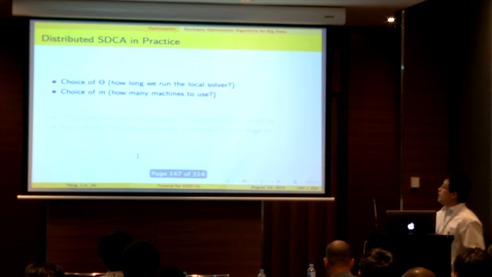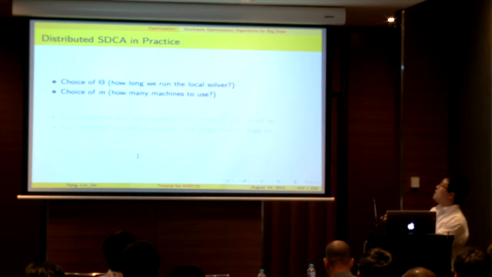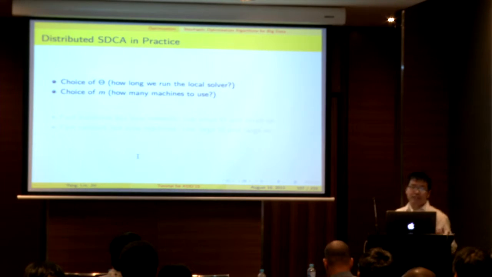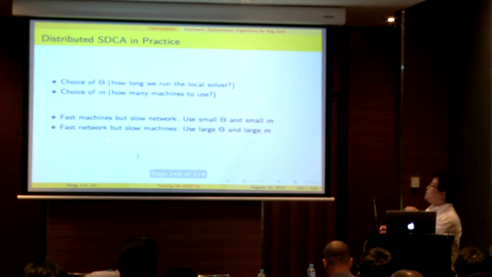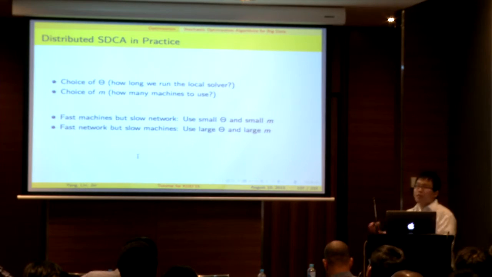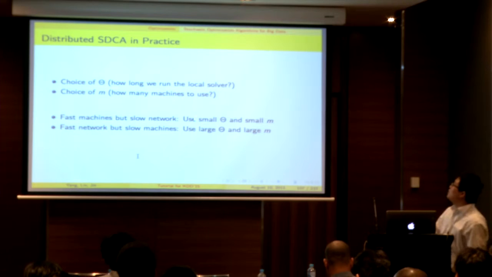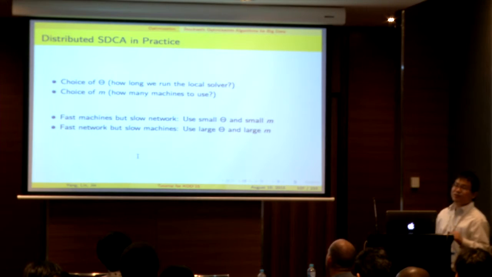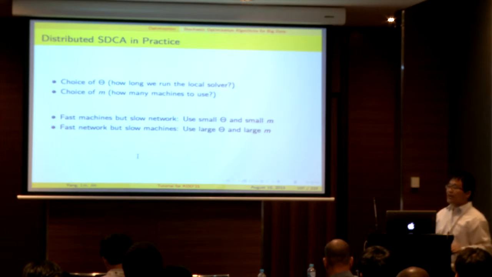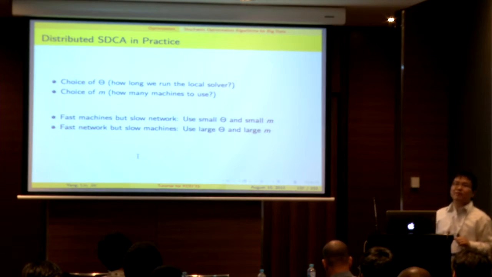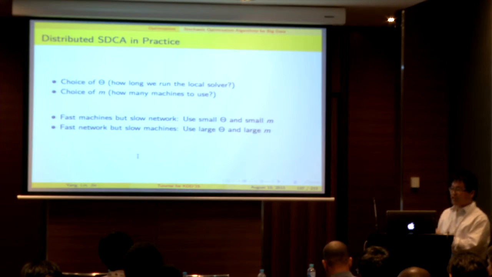So it's really up to you. Depending on the power of the machines and the clusters, you need to decide what is the best local precision and how many machines you want to use. If your machine is fast, but the network is very slow, then use a small theta, which means you want to solve the local problems to near optimal, and you want to use as few machines as possible. As long as they can store the data, you want to reduce the number of machines you need.